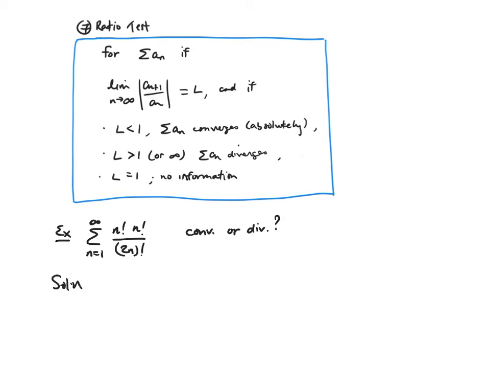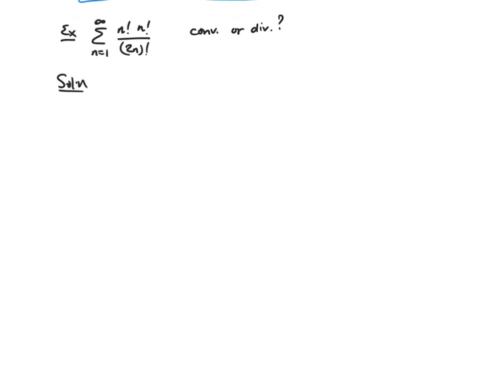All right, so let's get into this. The solution always starts with the ratio test by formulating the limit as n goes to infinity of a_(n+1) over a_n. To do this, I take the series expression that's given to me and replace all the n's with n plus 1.